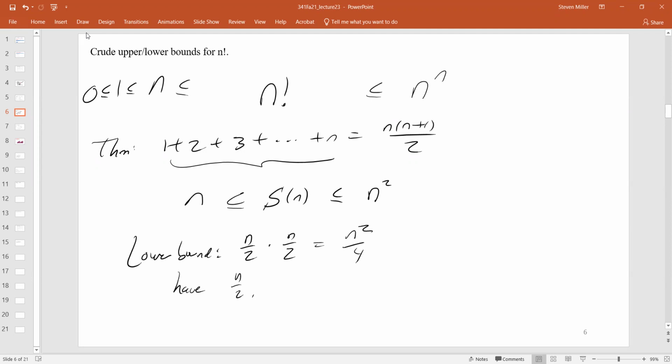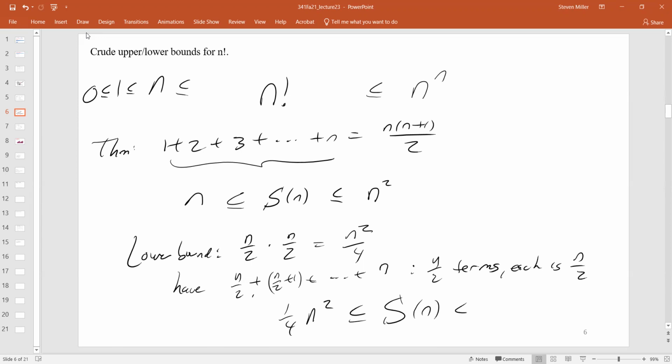Have n halves plus n halves plus 1 plus dot dot dot plus n over 2 terms, each is n over 2. So if I just do a simple calculation like that, it's at least 1/4 n squared, and it's at most n squared. Okay, so now I have the order of magnitude. My upper and lower bounds are at least of a similar scale.